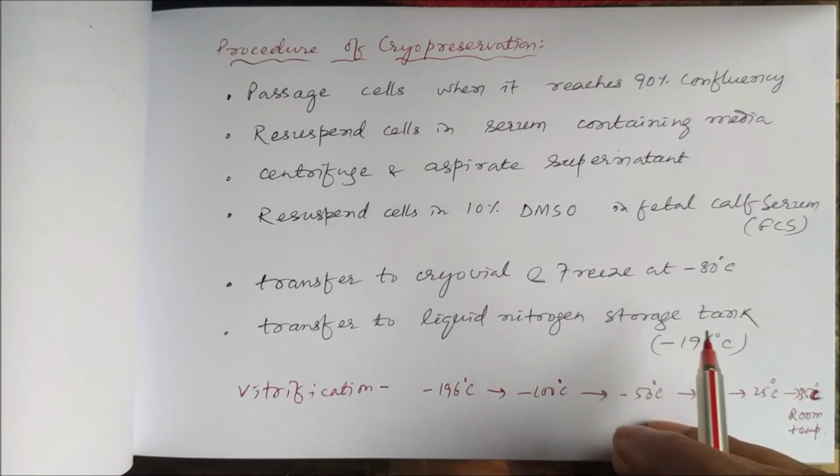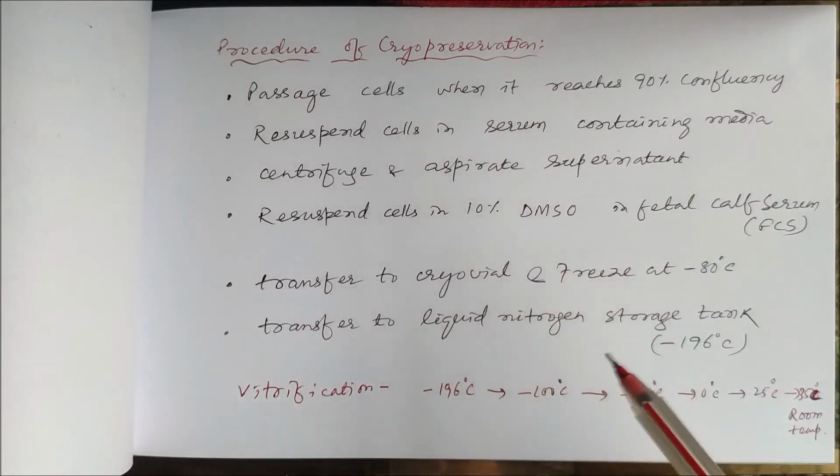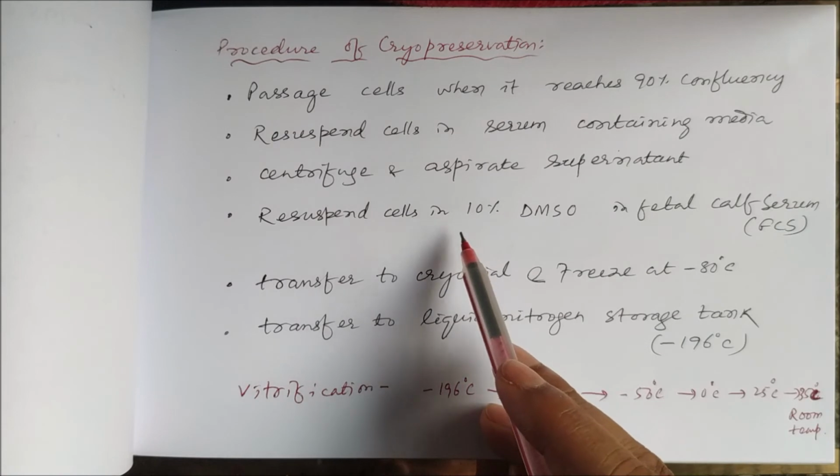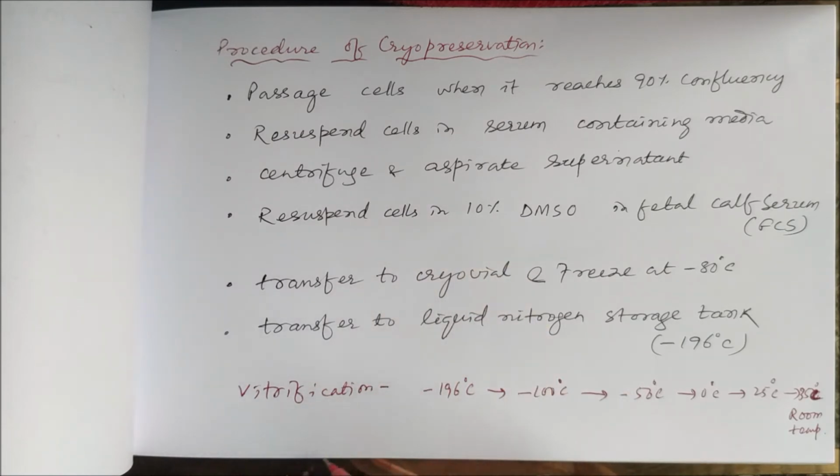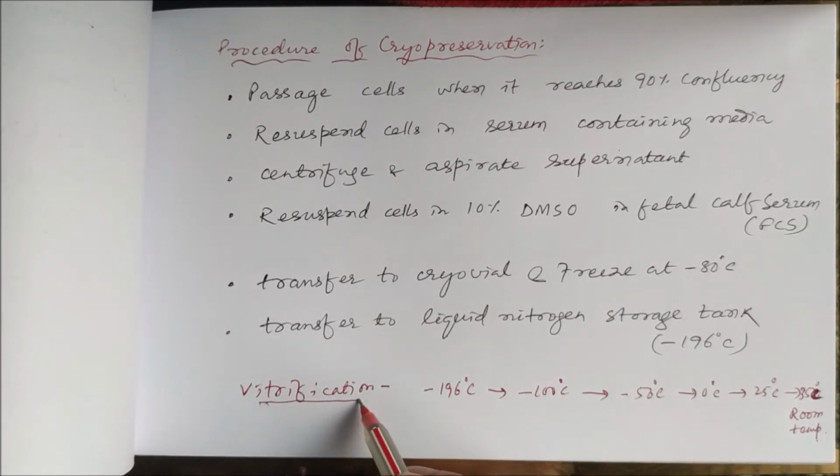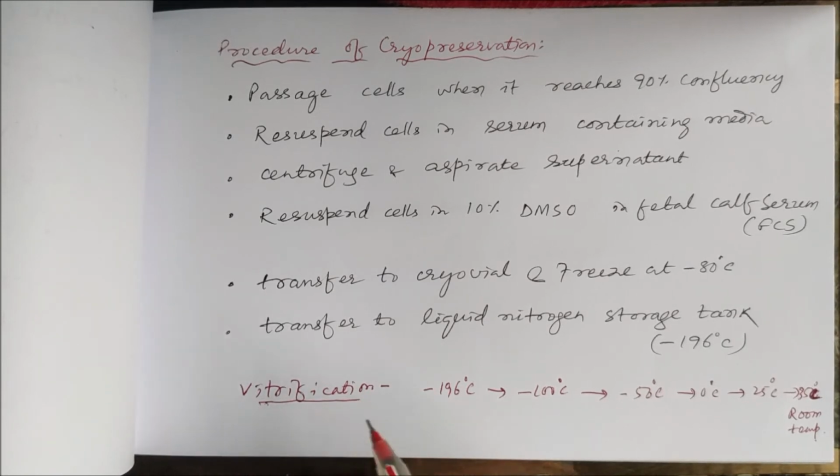When we want to use those biological samples, we have to return the temperature to room temperature, and that process is called vitrification. Vitrification is a step by step increment of temperature. We cannot directly change the temperature from minus 196 to 35 or 37 degrees Celsius, the room temperature.